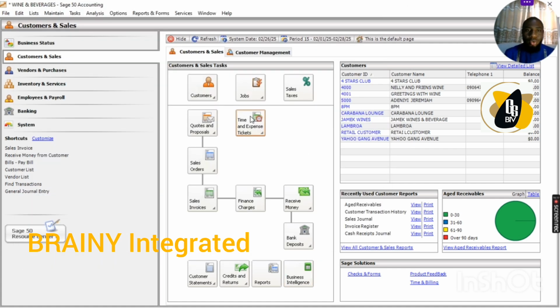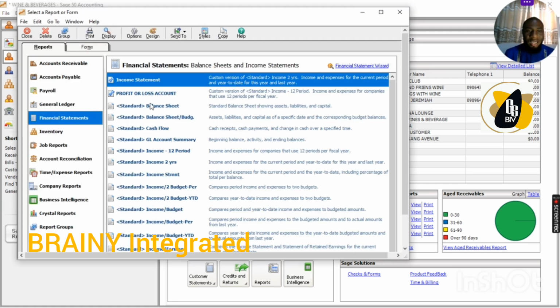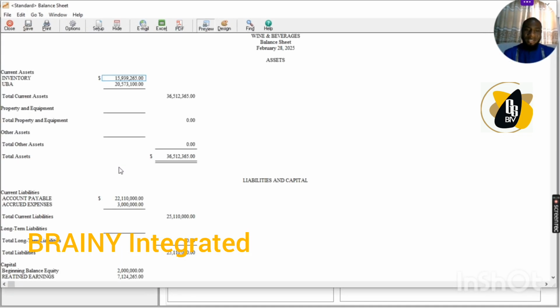So to check the effect, we are going to go to reports and forms, financial statements, then balance sheets. Alright, now see the effects. Can you see that accrued expense is now remaining how much? 3 million naira.